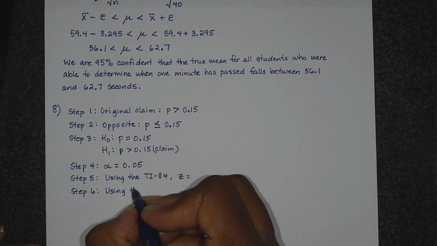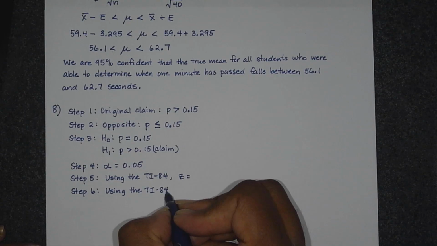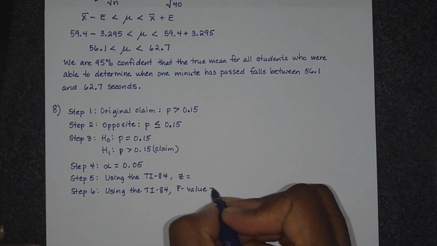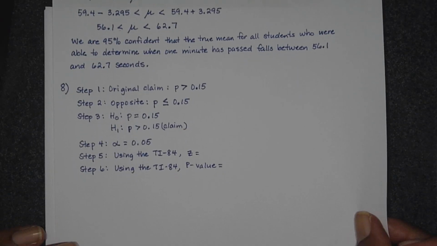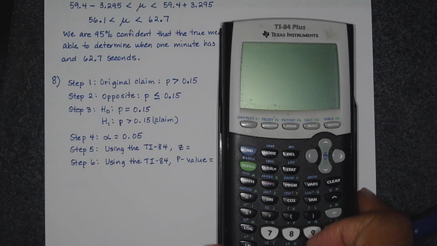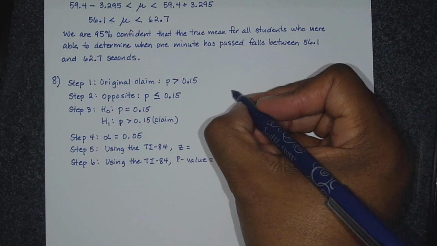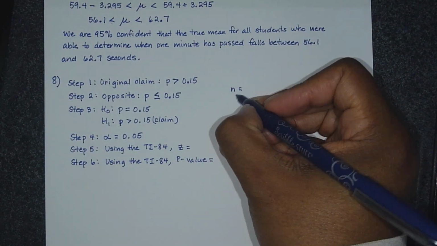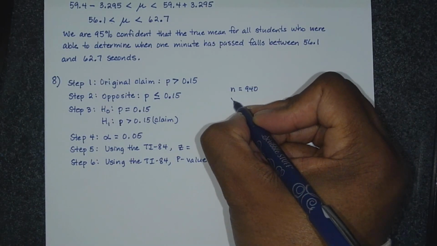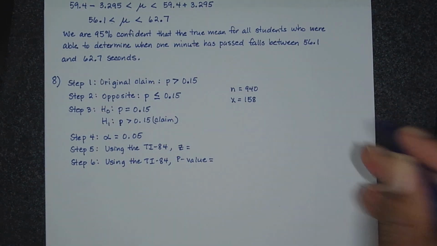And also using the TI-84, we're going to get our P value as well. Okay, so here's how we use the graphing calculator. Well, now we need to identify some things here. A survey of 940 households, that's n is 940, 158 of them use email, so that x is going to be 158.